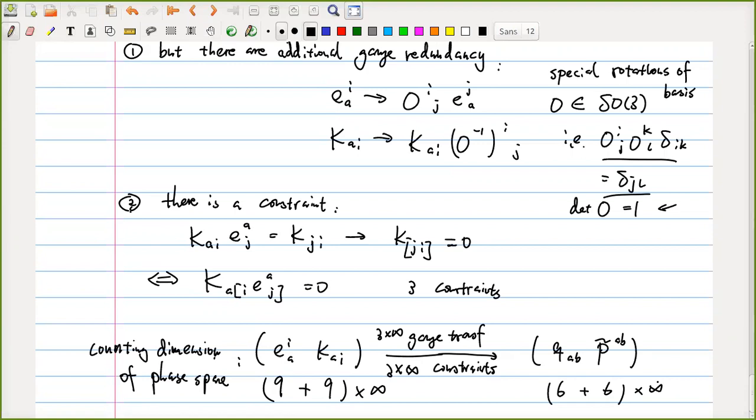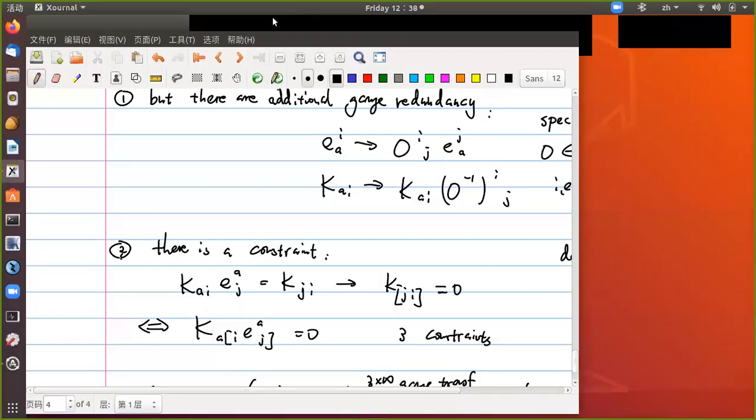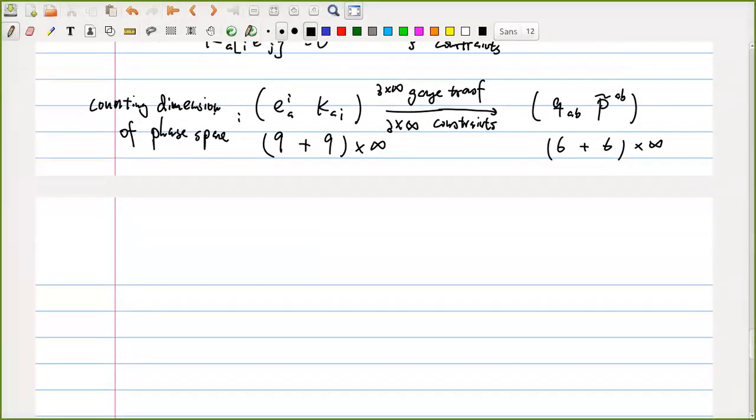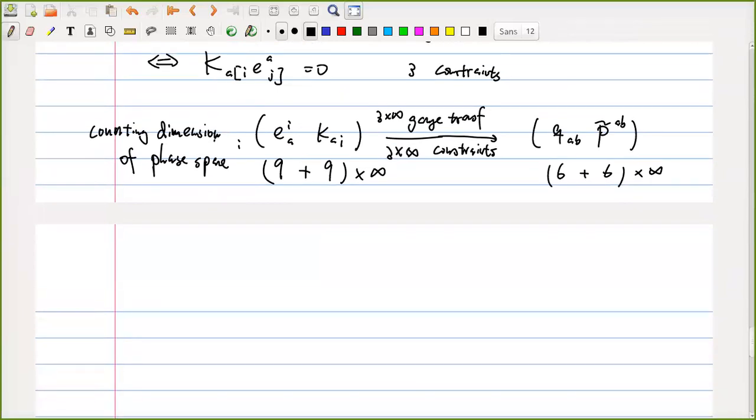All right, before we finish, I'd better tell you the Poisson bracket here. The canonical variables used here are these.